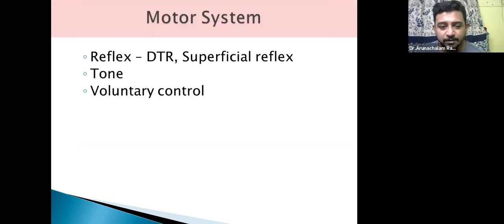Next is the motor examination, where you are going to do a reflex assessment. The deep tendon reflex assessment is going to give you a clear idea about the level of lesion. If the reflex is diminished, you can very well say that the problem is lower motor neuron.